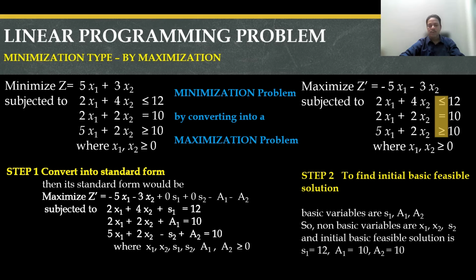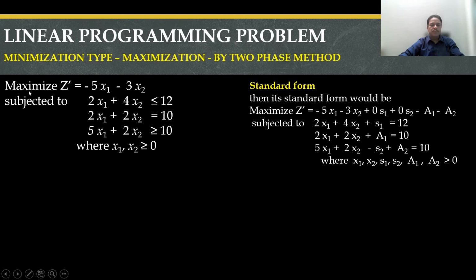Whereas the variables s1, a1 and a2, which are giving us the solution of this LP problem, will be considered as the basic variables. So the maximization problem is written in the standard form as it is displayed here in the top right corner.